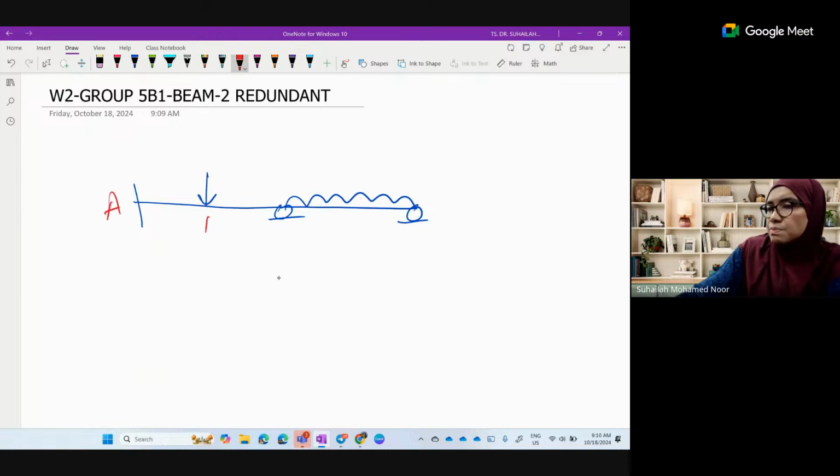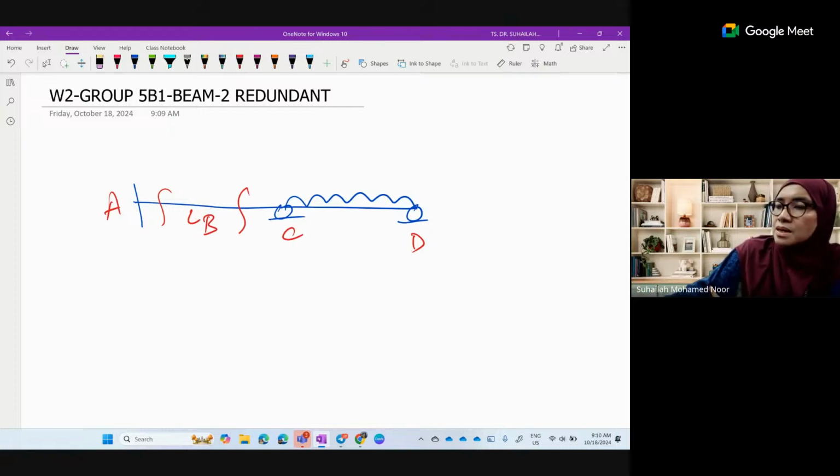So A, B, C, D. Okay, ada point load, ada satu note kat situ. Kalau tak bagi, mesti kena letak, sebab cutting section sini akan jadi 2. Okay, sama juga kalau dia ada moment macam contoh tu kan, pun sini akan ada satu note.